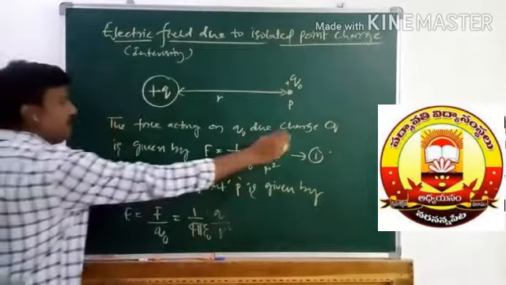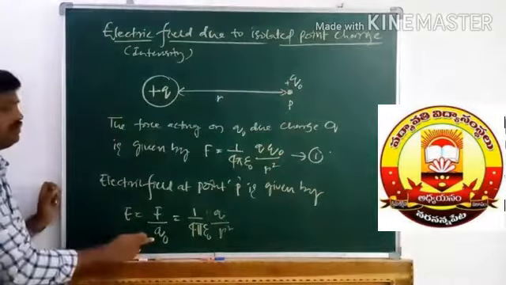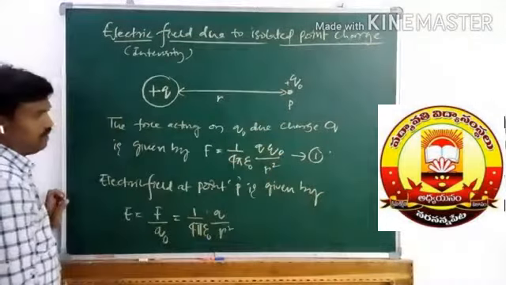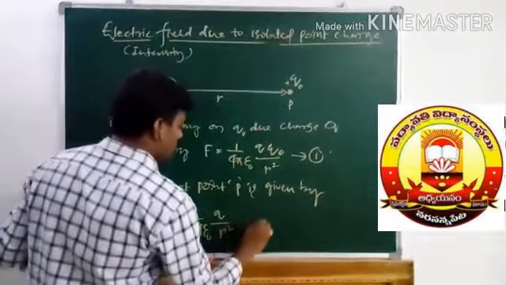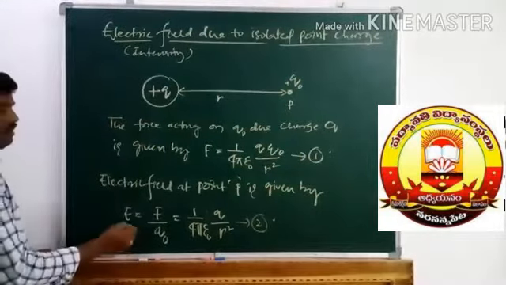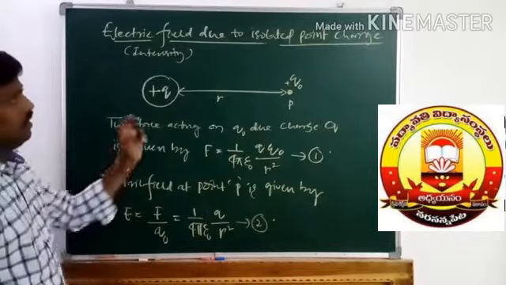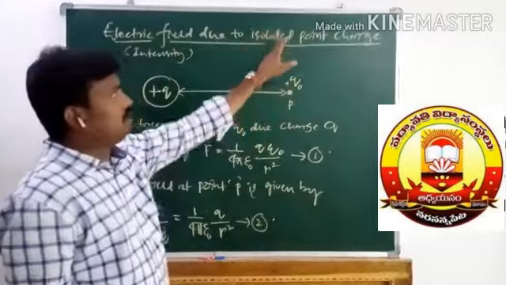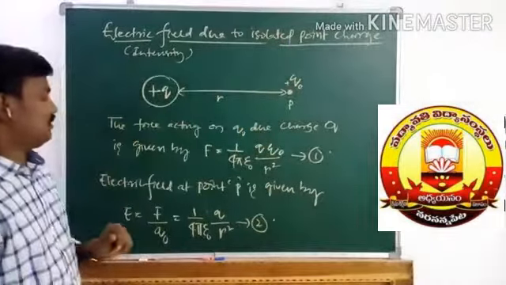Why? Because we divide by Q naught, so Q naught is gone and we are left with this one only. So this is equation 2. This is the electric field intensity at a point due to an isolated point charge.